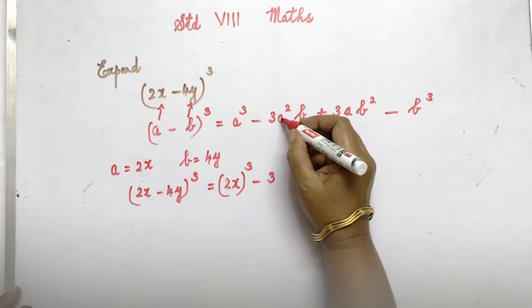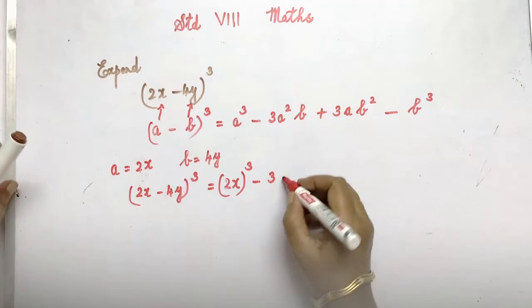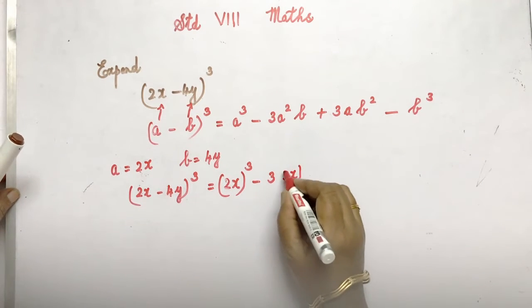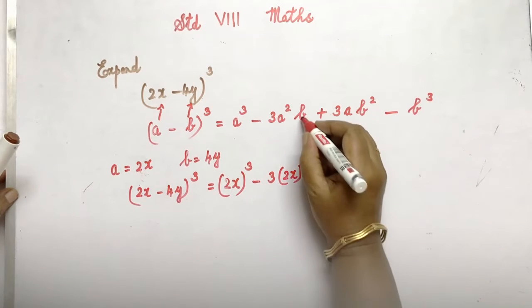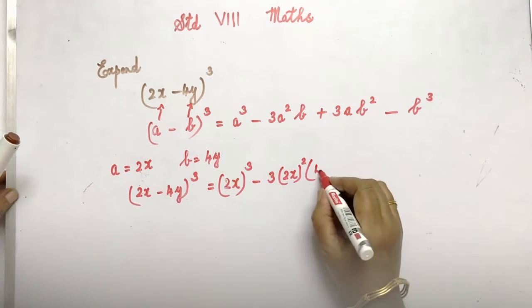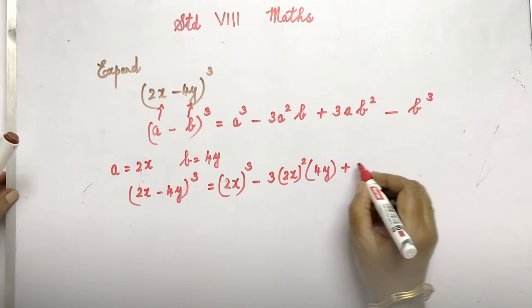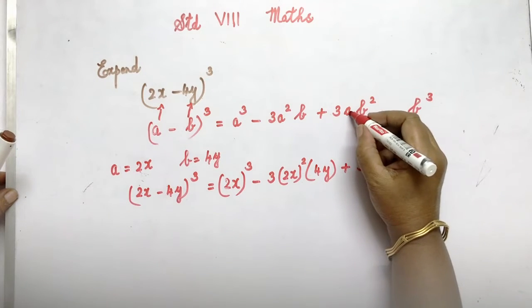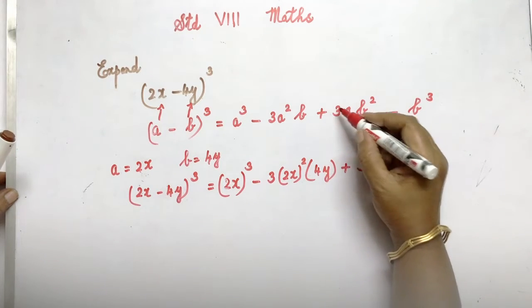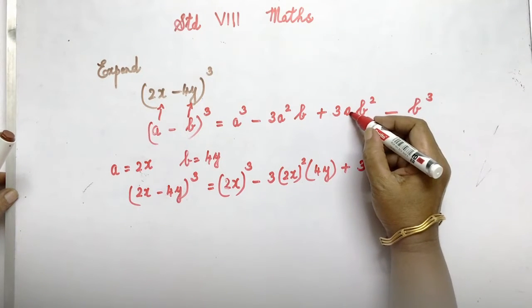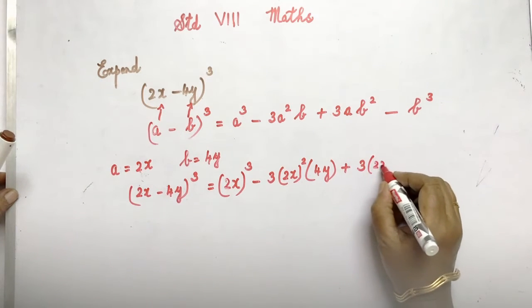Now a squared, in the place of a we should write 2x. So (2x) whole squared into, in the place of b we should write 4y, plus 3, in the place of a here 3 is there, plus 3, same plus 3 we should write. In the place of a we have to write 2x.